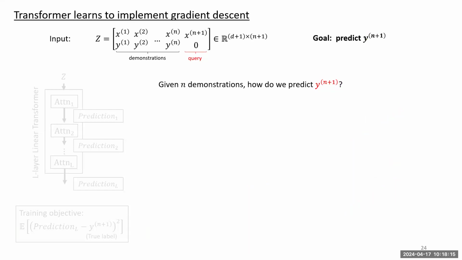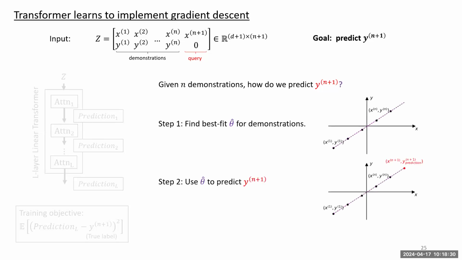And now let's forget entirely about transformers for a moment and ask ourselves the question: given this problem setup of x, y demonstrations, and we want to predict y_{n+1}, how should we do it? And I guess the intuitive answer is the following two-step procedure, right? We look at the demonstration points in black, and we find the best fit linear function, which is the purple line.